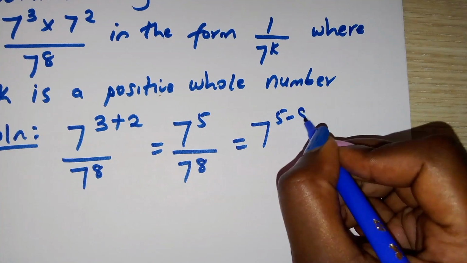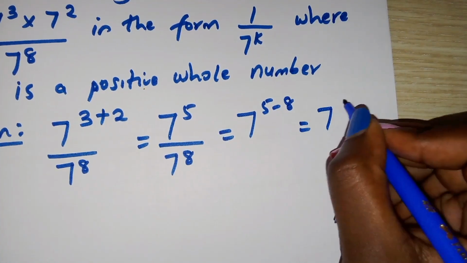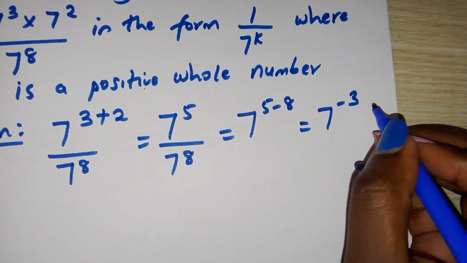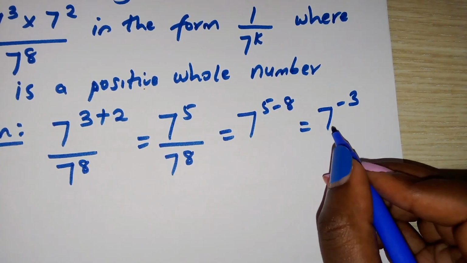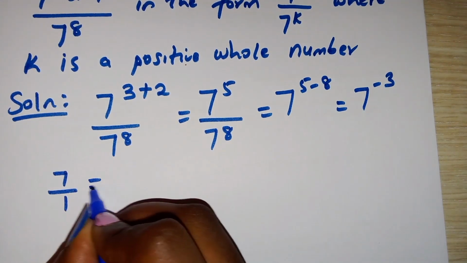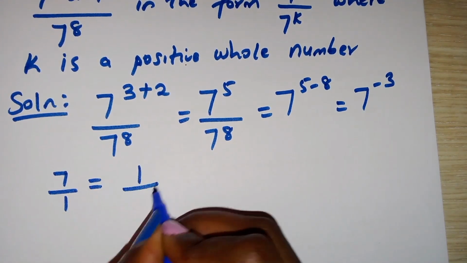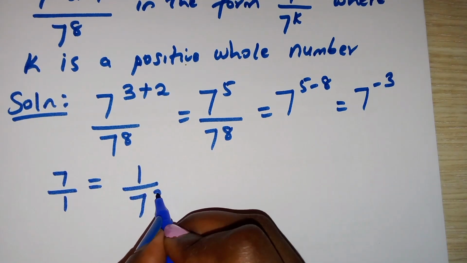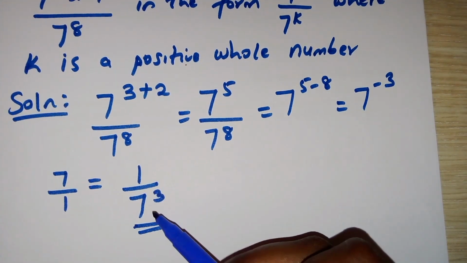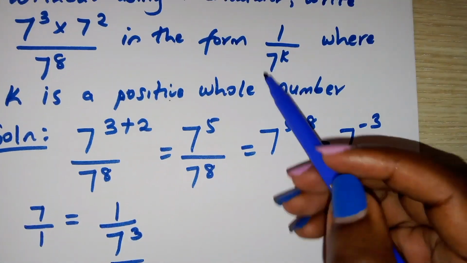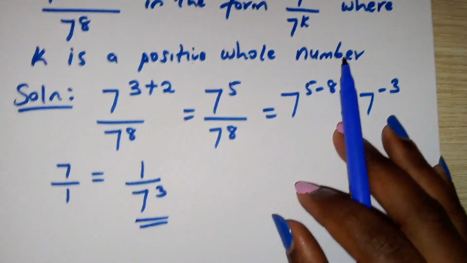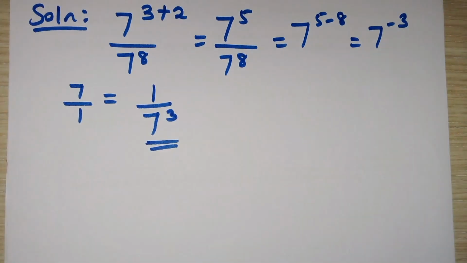So 5 minus 8 would be 7^-3. Remember, when you want to change this to positive, you have to reciprocate 7. And 7 can be written as 7/1, so the reciprocal is 1/7, and the power becomes +3. So (1/7)^3 is in this form, (1/7)^k, where k is a positive whole number.